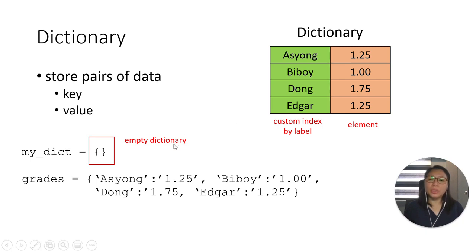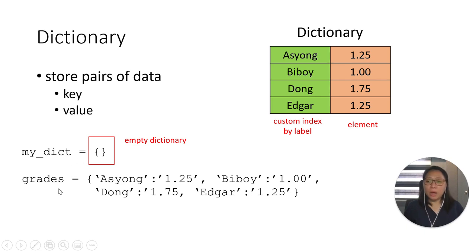We denote a dictionary with a pair of curly braces, and this pair of curly braces without anything in between them is an empty dictionary. And this empty dictionary, in this line, we assign to my dict. So this is an example of an assignment operation with a dictionary.